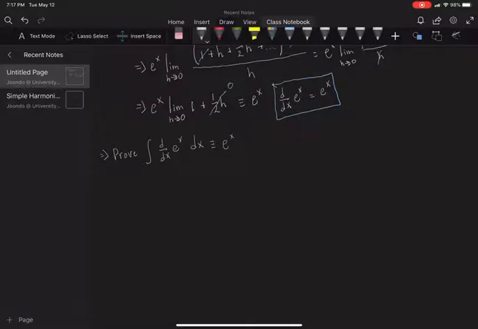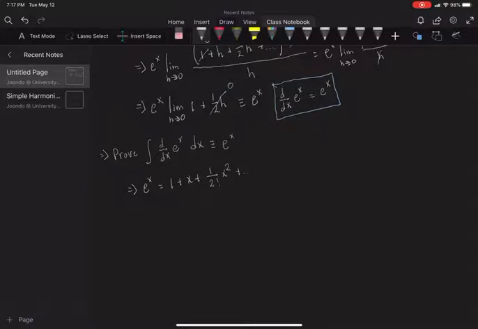We said e to the x is equal to 1 plus x plus 1 over 2 factorial x squared and etc., by Taylor series. We know that we assume that this is true. We didn't prove it yet, but we assumed that this was true.